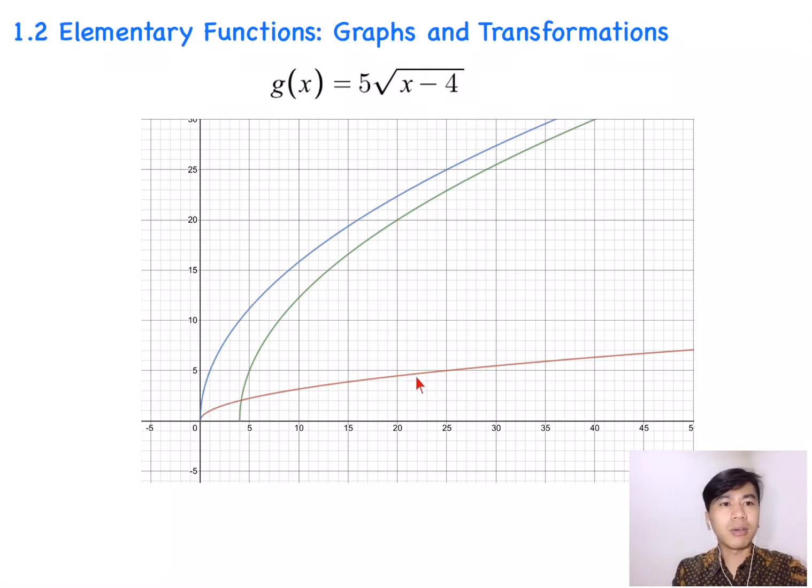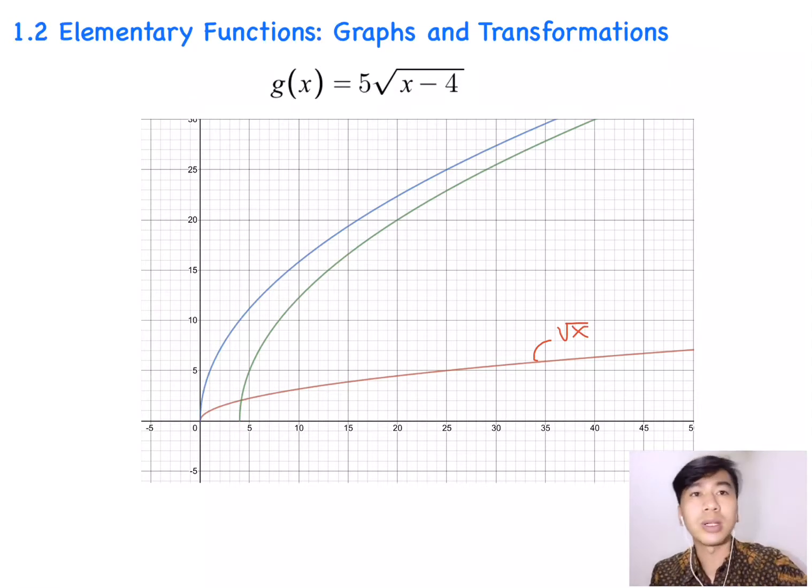As you can see over here, this is the function square root of x, one of the basic elementary functions that we are going to learn later. The blue one over here is 5 square root of x.